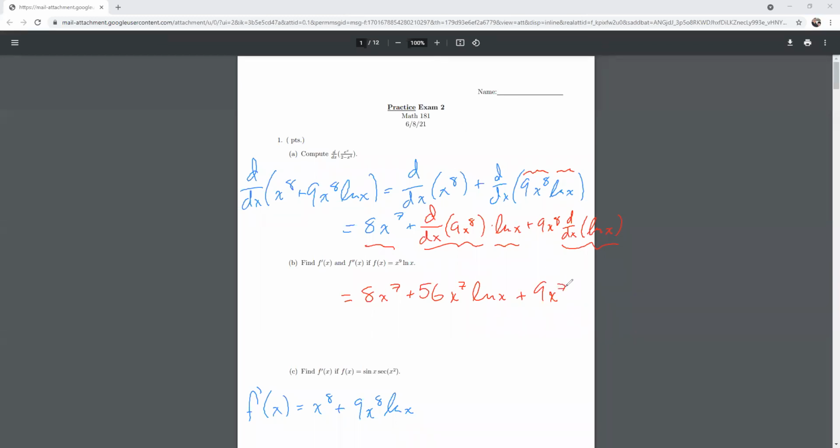And we have a 7 right there. Okay, so we're almost done. We can combine like terms a little bit. 9 plus 8, I think that's 17. And there we are. Okay. All right, so that seems to be f double prime of x. And yeah, that's about it.